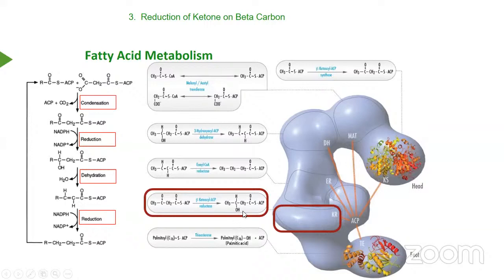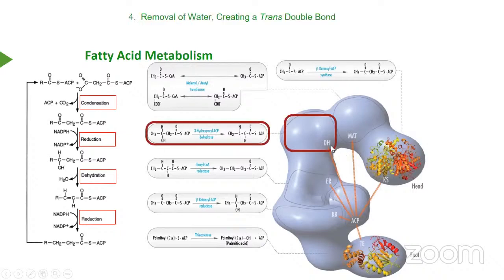So this C double bond O will be OH, and here H. Okay, so CHOH. So this is beta ketoacyl ACP reductase. It reduces this carbonyl group, and after reduction it produces this beta hydroxyacyl ACP.